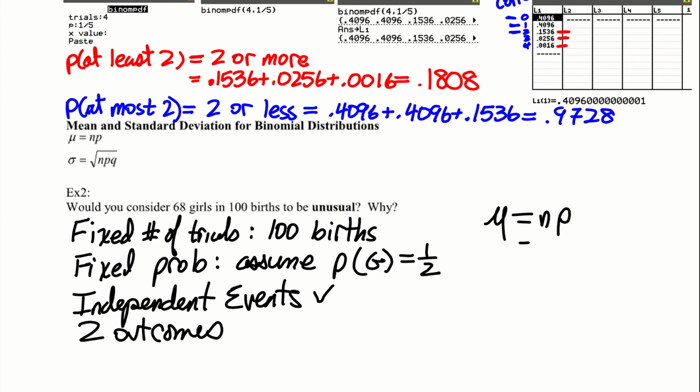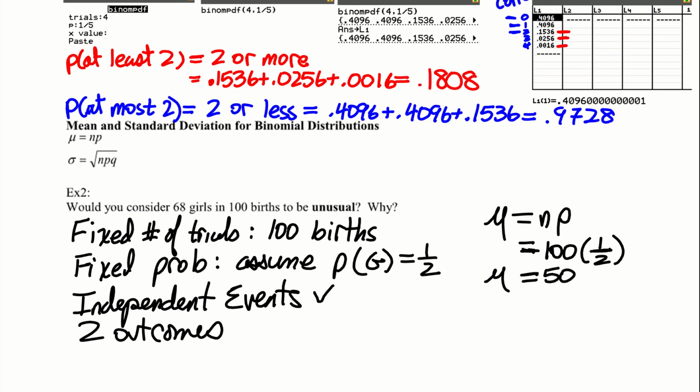The 100 trials multiplied by the probability of success, which is going to give me 50. So that's my mu. Mu is also the expected value.